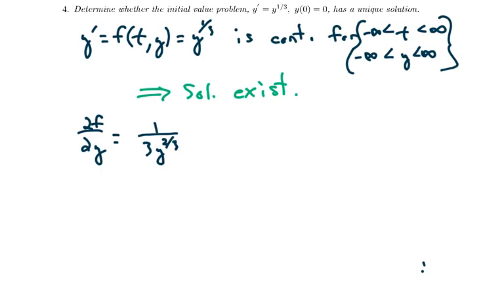because we want to know the continuity of this, and so this is continuous t anywhere on the real line, but y, I'm just going to write y not equal to 0.